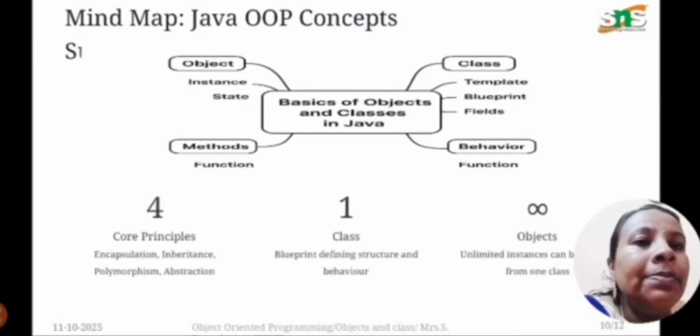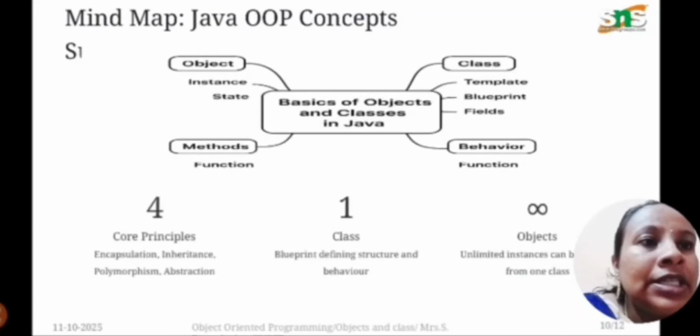This is the mind map. Let us recall the basics of objects and classes in Java. An object is an instance of a class. It consists of a state and behavior. A class is called a template or blueprint of an object. Methods are functions derived from the state or attributes.